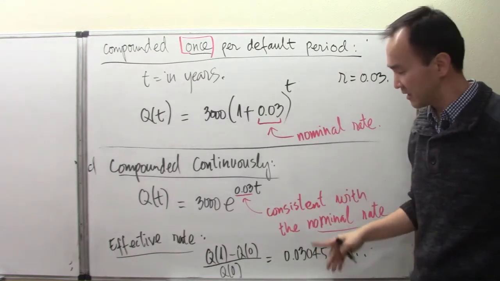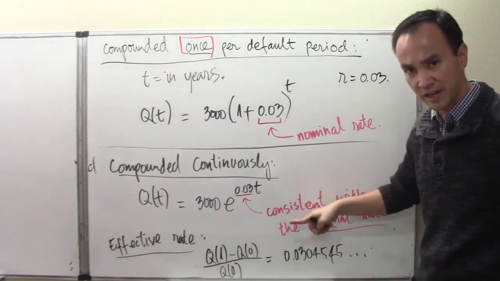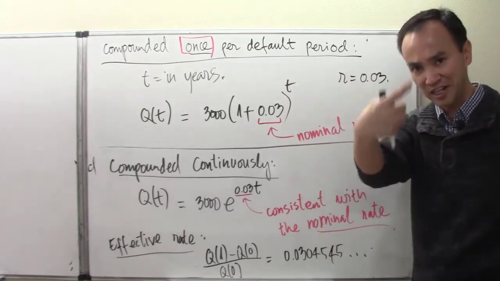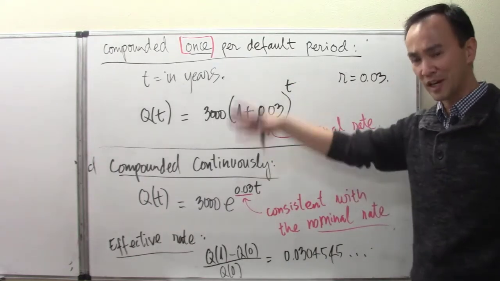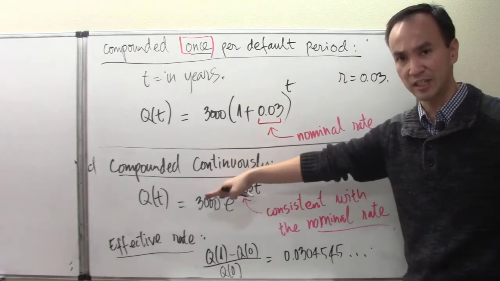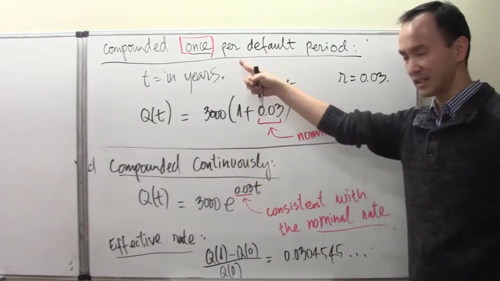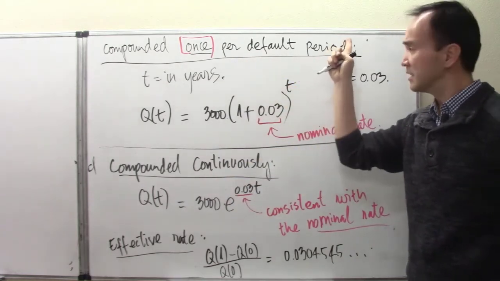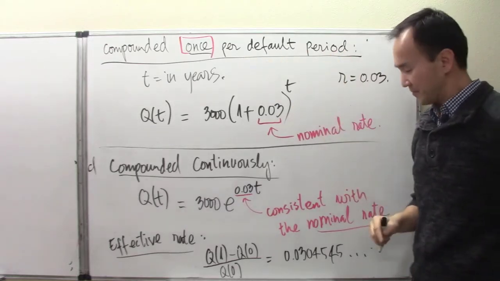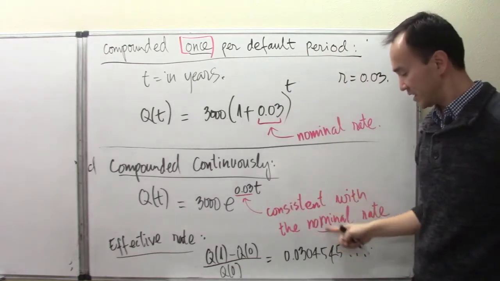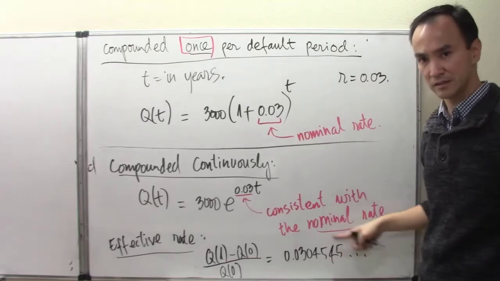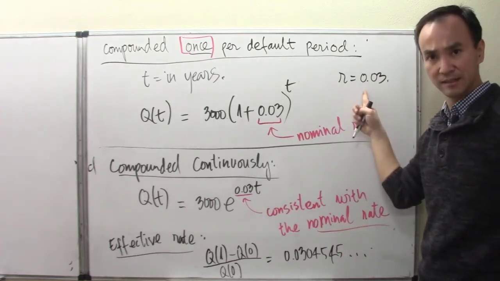Because, especially when we already agree, instructor and students, that we're currently focused on comparing continuously compounded and once per default time period compounding, then this effective rate is definitely higher than that.